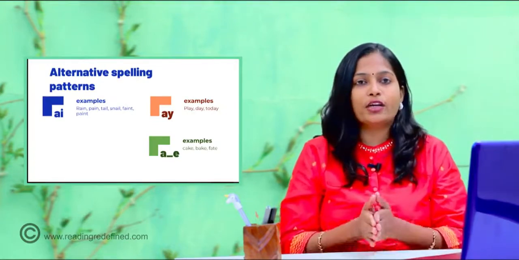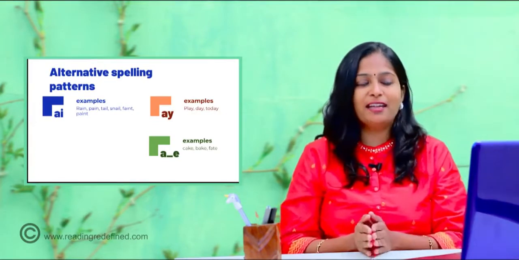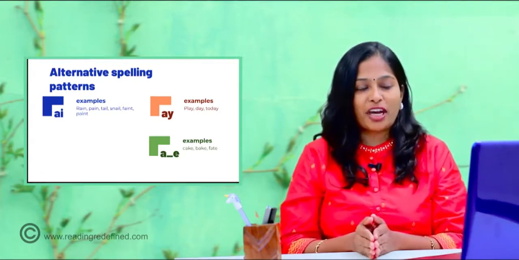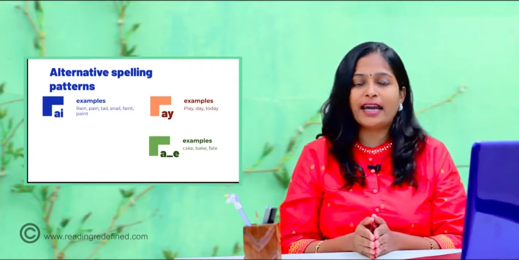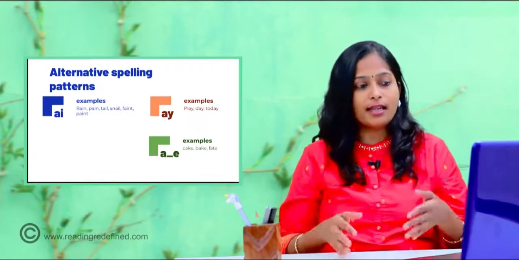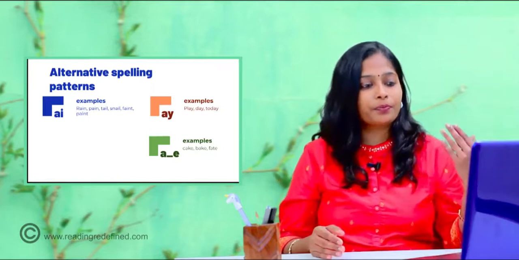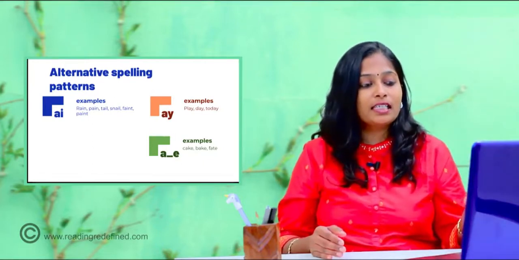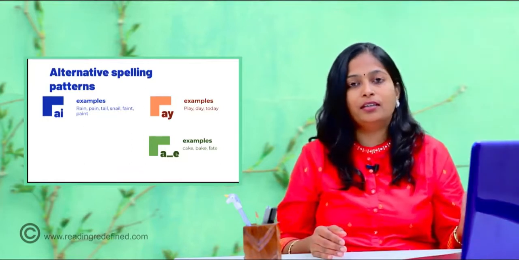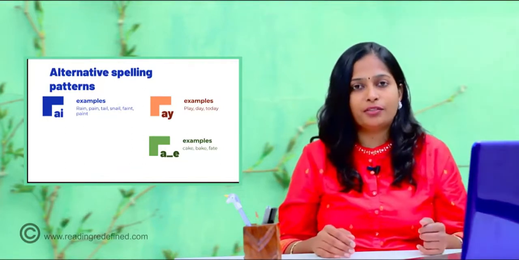Words like rain, nail, sail, mail, chain and train have the AI spelling pattern. And words like play, clay, spray, day have the AY spelling pattern.